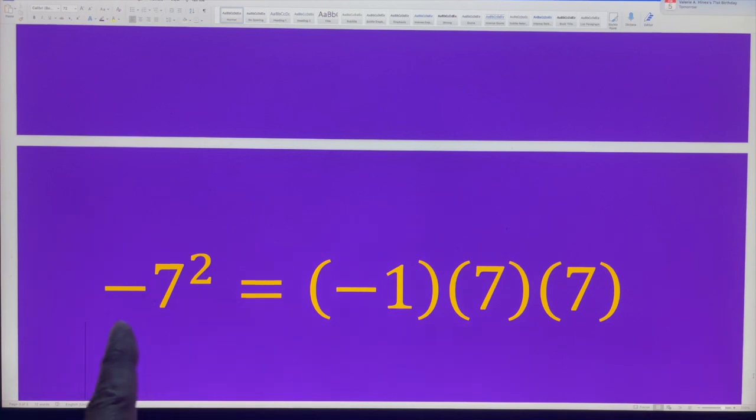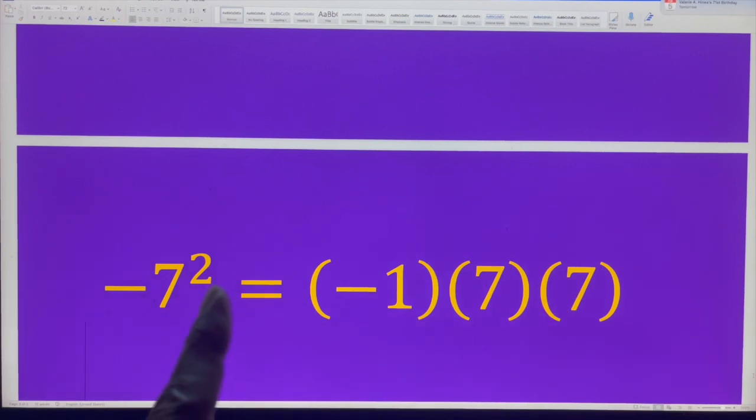So what does this expression tell you? I got a negative 1, and I got two factors of 7. Not negative 7, two factors of 7. It looks like this. This expression would be equivalent to negative 1 times how many 7s I got? 1, 2. Two 7s. Negative 1 times 7 times 7.